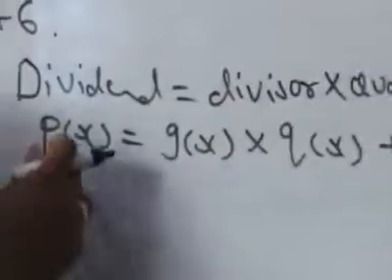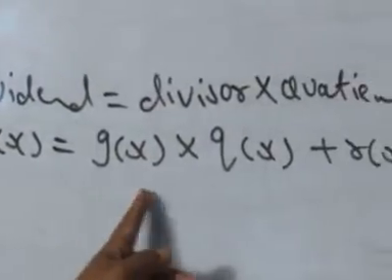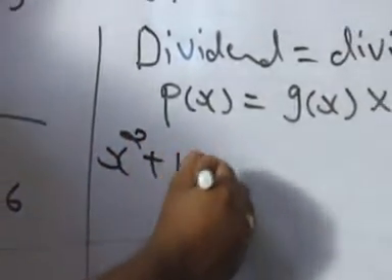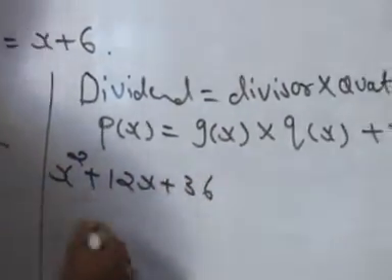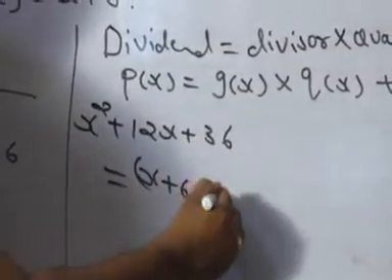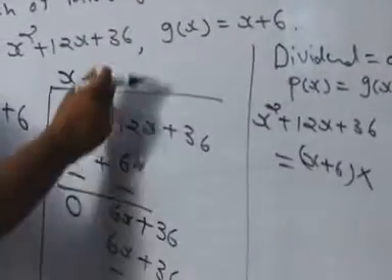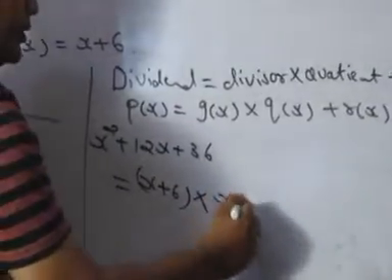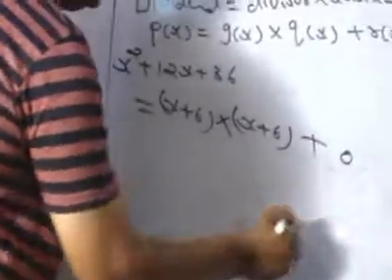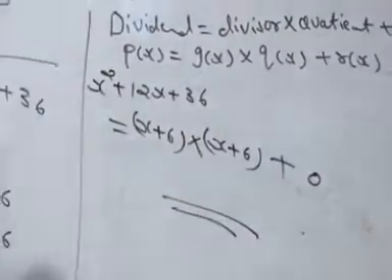Here P of x, x square plus 12x plus 36, equal to g of x, our divisor, x plus 6, into q of x, our quotient, plus remainder, which is 0. Now we have completed this sum successfully.